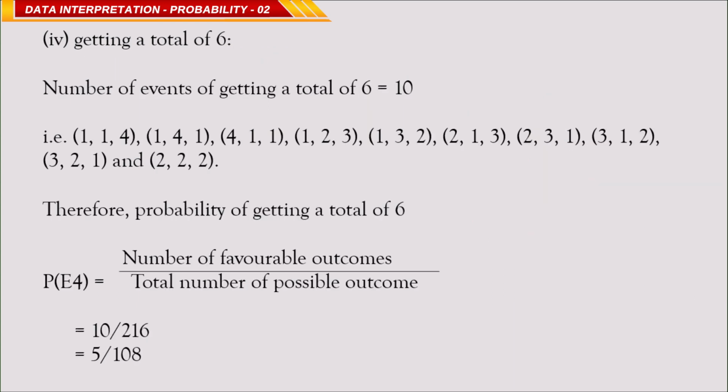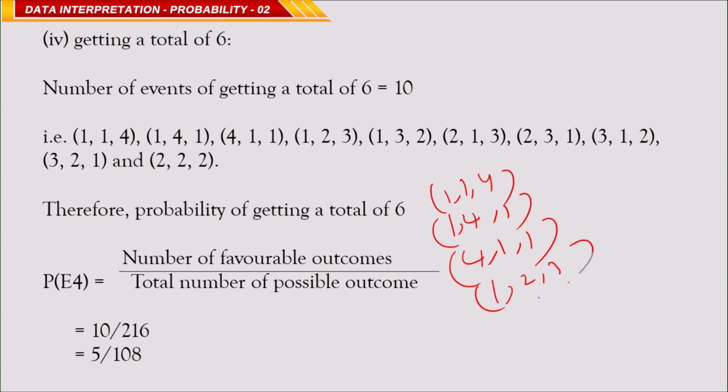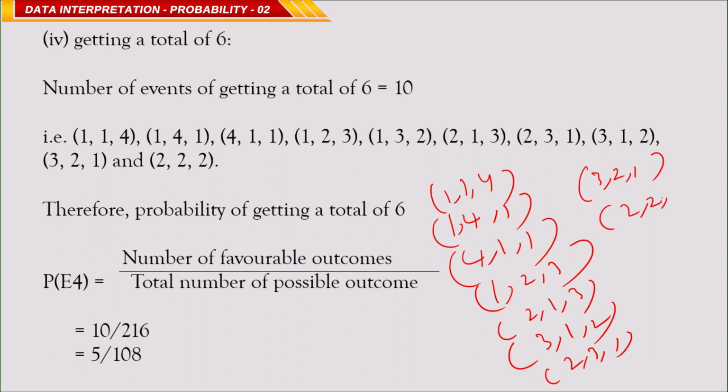Getting a total of 6. What are the favorable outcomes? 1 1 4, 1 4 1, 4 1 1, 1 2 3, 2 1 3, 3 1 2, 2 3 1, 3 2 1 and 2 2 2.